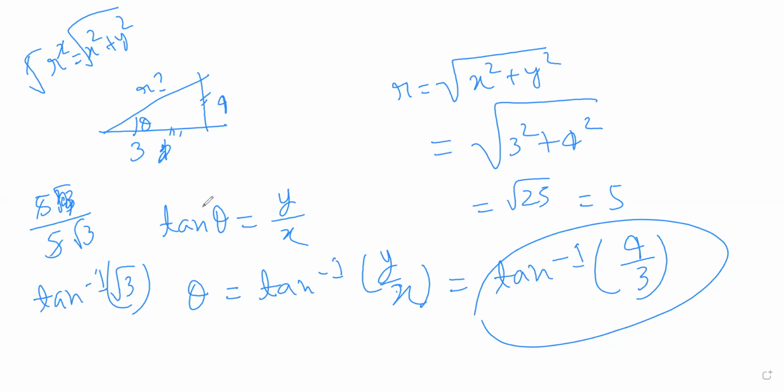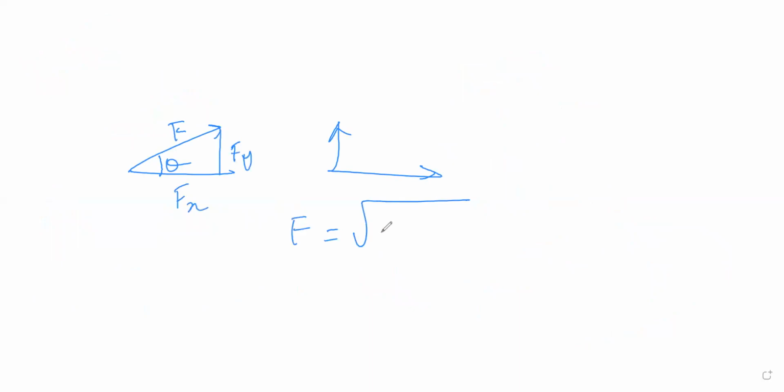So you just need to remember, plug in the angle. Now we understand how to use this. If we have some force given and theta given, and we are asked to find the component, we just do F cosine theta, F sine theta. If we have the components Fx and Fy given and are asked to find F, it's simple.